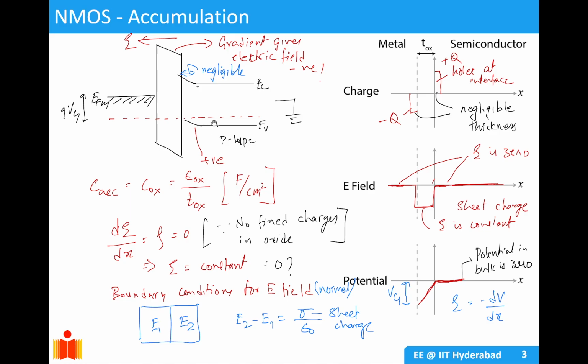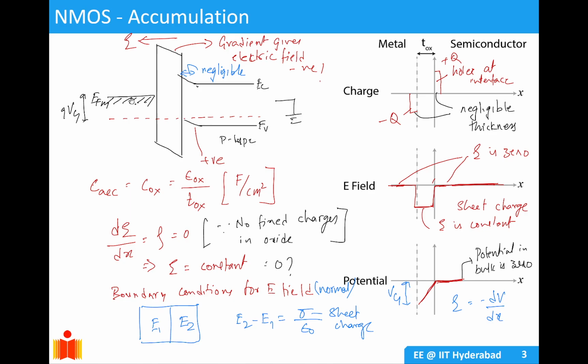We studied last week that a p-type semiconductor is called an NMOS, and an n-type semiconductor is called a PMOS capacitor. So for an NMOS capacitor, where the semiconductor is p-type, we apply negative voltage.